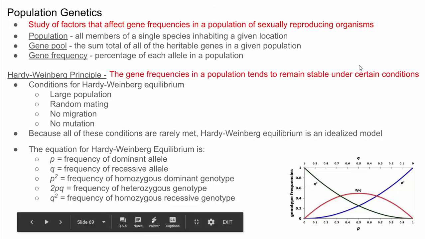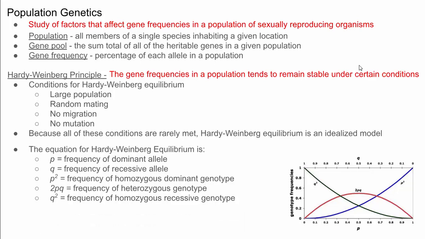It says that the gene frequencies in a population will remain stable under certain conditions, that the frequency of certain alleles is not going to change very much through a population.